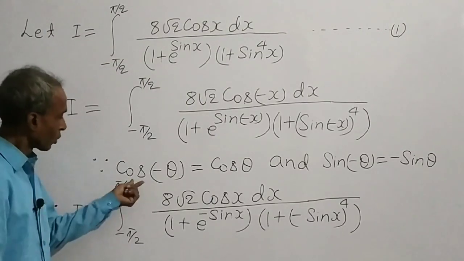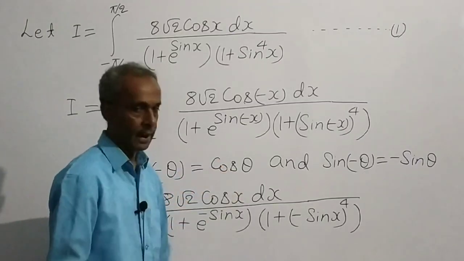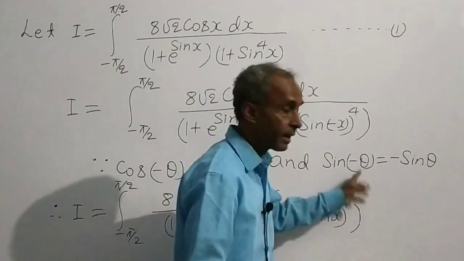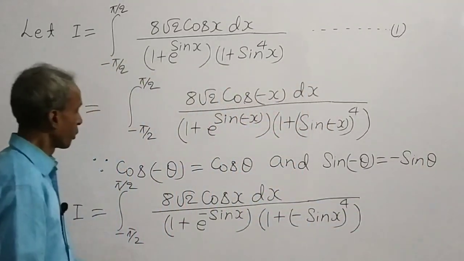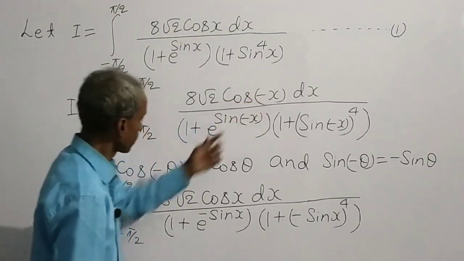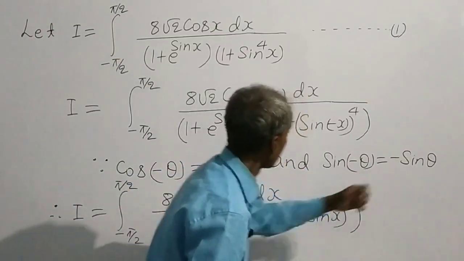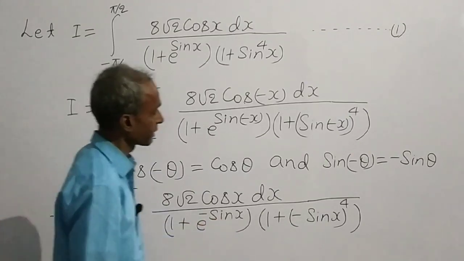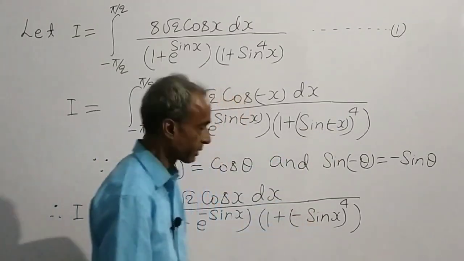Since cos minus theta is cos theta and sin minus theta is minus sin theta, from this formula cos minus x will be cos x, and from this formula sin minus x will be minus sin x.